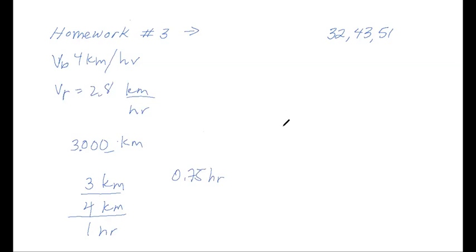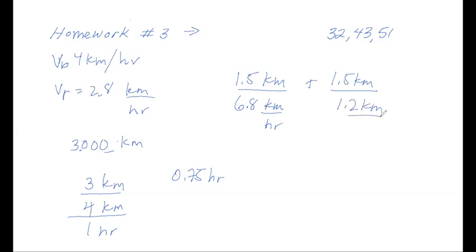Now for the boater, half of it is 1.5 kilometers, and he's got 6.8 kilometers per hour this way, plus the other way is 1.5 kilometers at 4 minus 2.8, 1.2 kilometers per hour. And he's going to be 1.47 hours. So he takes longer than the walker. Interesting. All right.